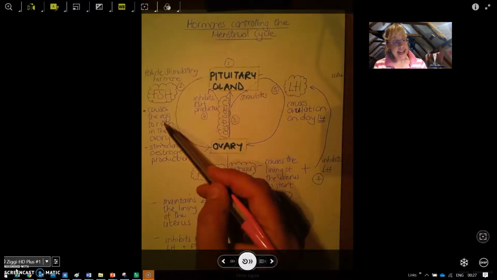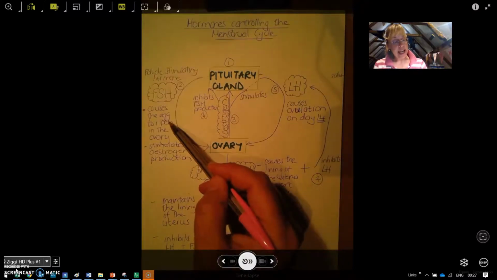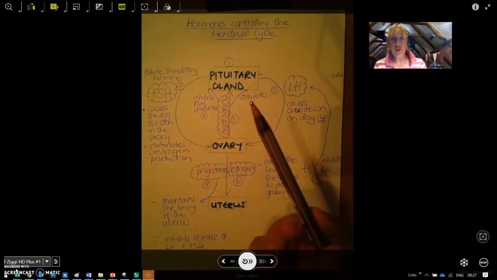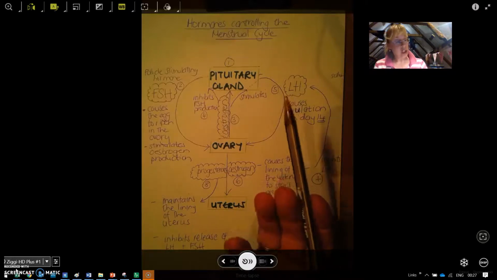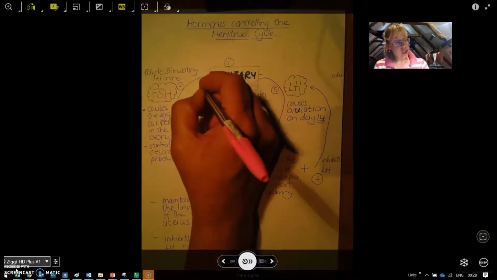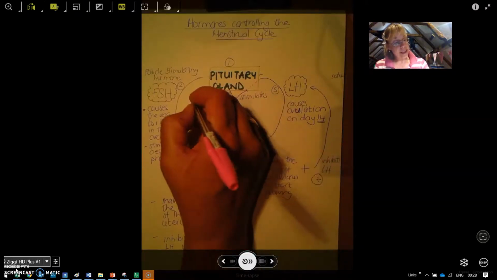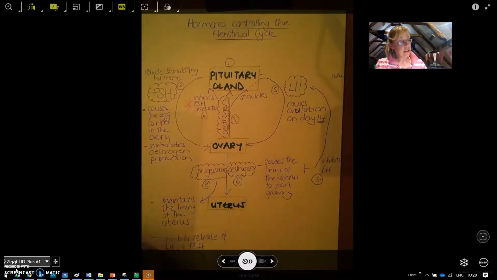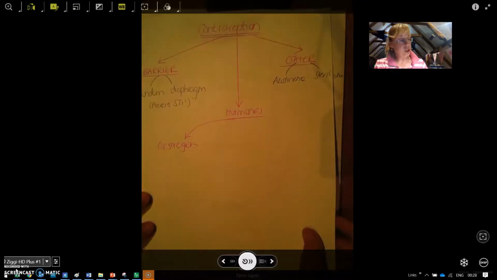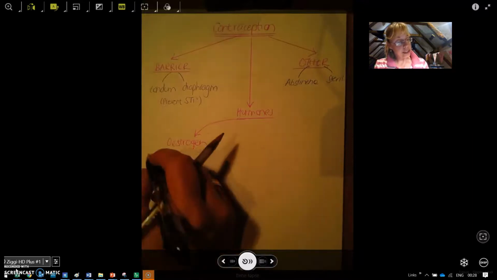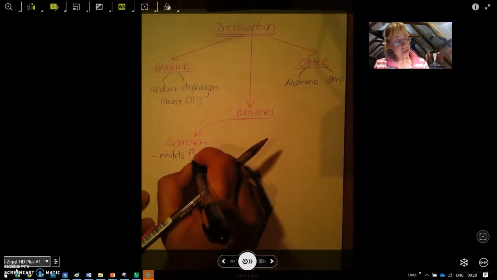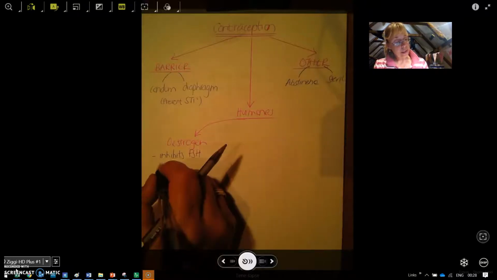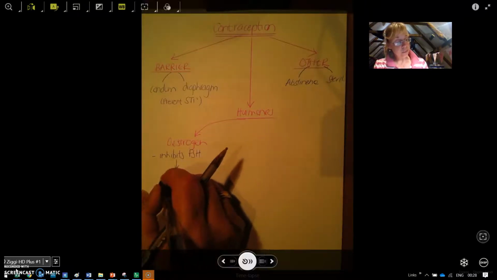That means that an egg won't ripen, and if an egg doesn't ripen, it's not going to be able to be released. So by using estrogen to inhibit FSH, that's what the estrogen pill is going to do. So it inhibits FSH, so eggs don't mature.